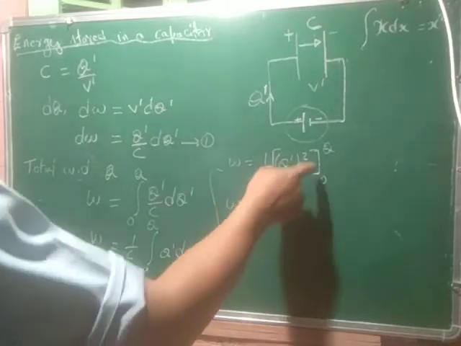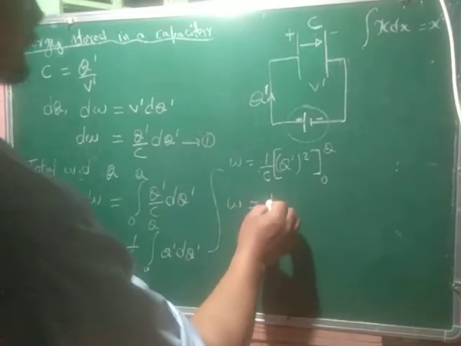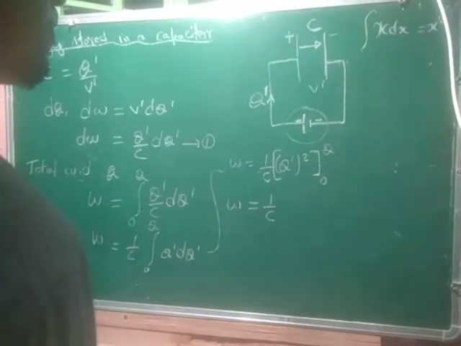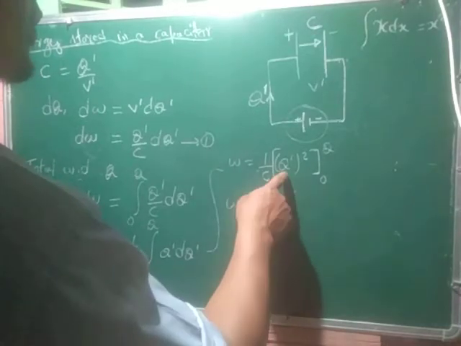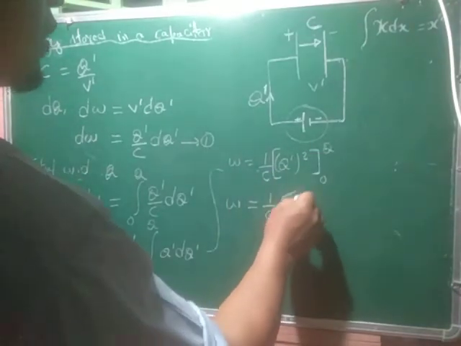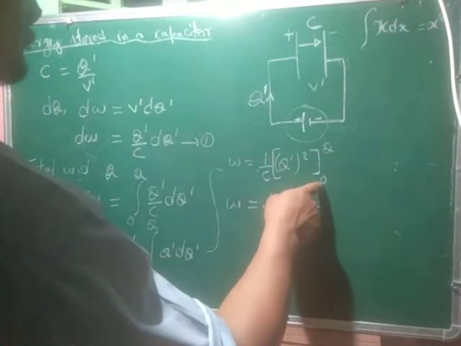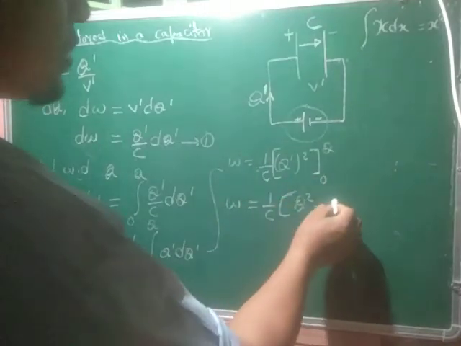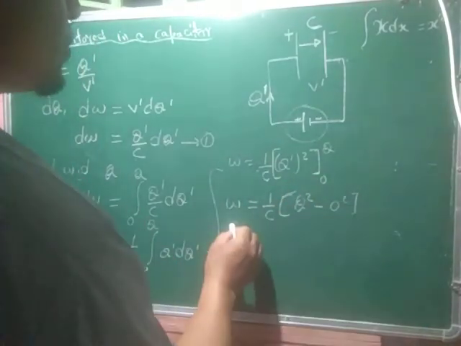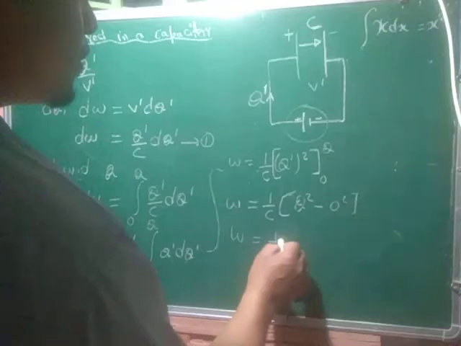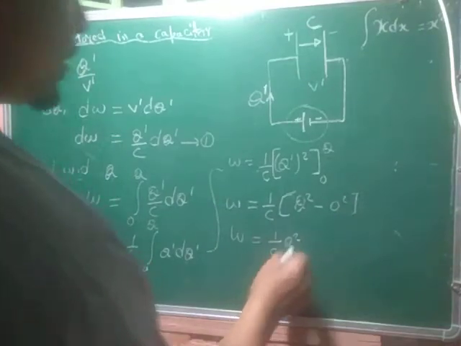Now substituting the limits of integration, you will get 1 upon C. The upper limit is Q, so I'll write Q square. The lower limit is 0, so instead of Q dash I'll put 0 square. So this total work done becomes 1 upon C Q square.